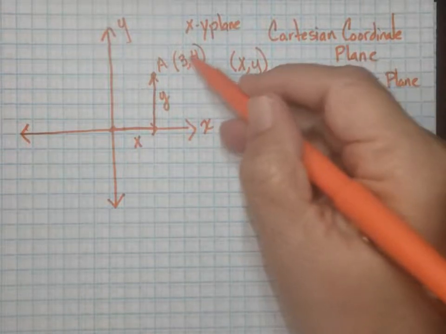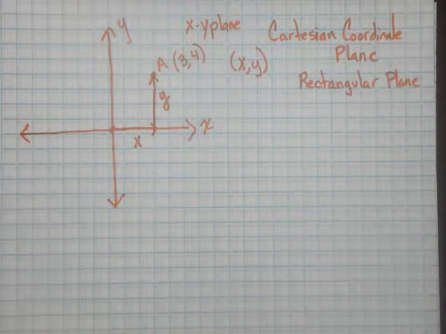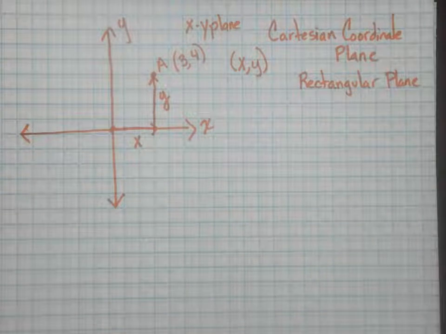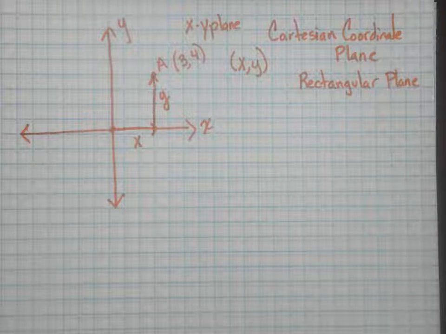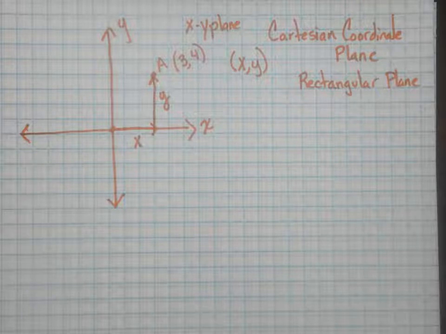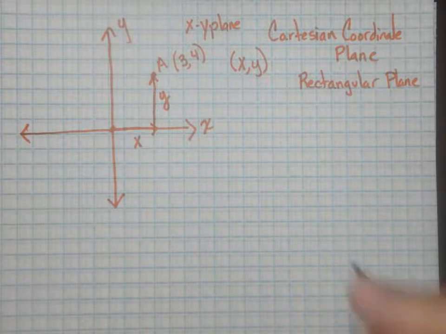And so these are directions to anybody. Go right 3, go up 4, and you will be at the right spot. We have other ways of communicating location, like we use latitude and longitude for locations. That's another method. But now in math, we have another method that is called polar coordinates.